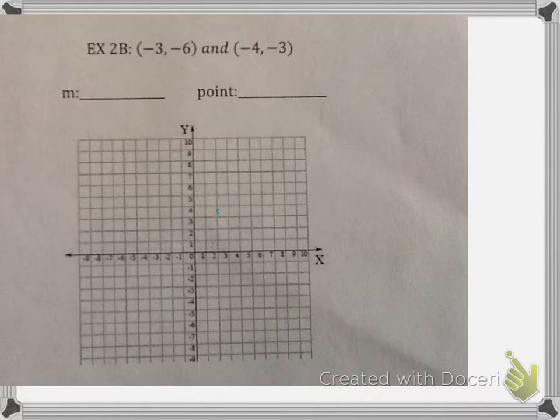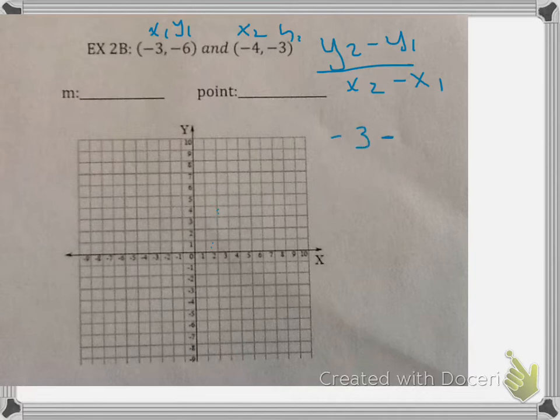And the first thing we need to do is use the slope formula, where we go y2 minus y1 over x2 minus x1. Remember, these are our points formulas. So this is x1, this is y1, this is x2, y2. Alright, so my y2 is a -3.